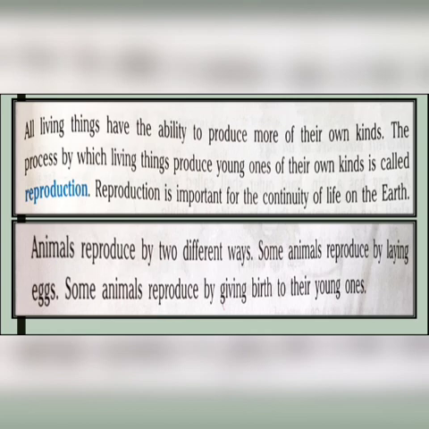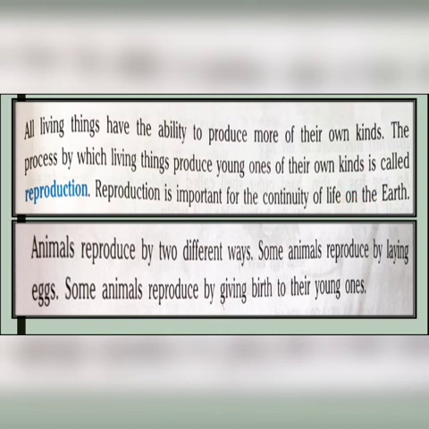It is the process by which living things produce young ones of their own kind. And why is it important? It is important because reproduction is responsible for continuity of life on the earth.